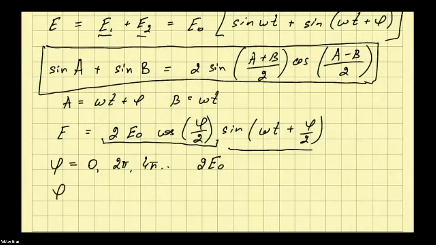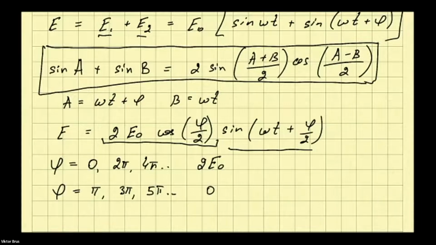At phase difference pi, 3 pi, 5 pi, and so on, the amplitude of this signal will be equal to 0, because cosinus will be equal to 0 too.